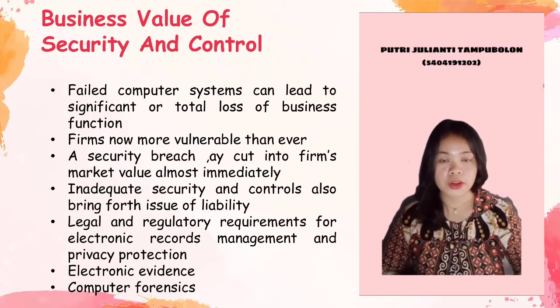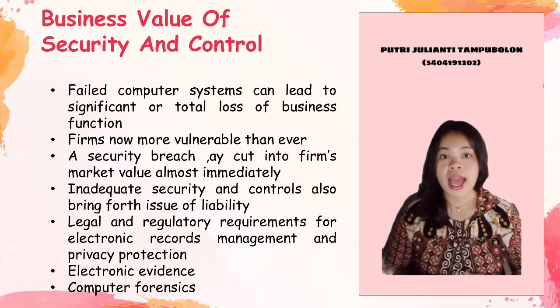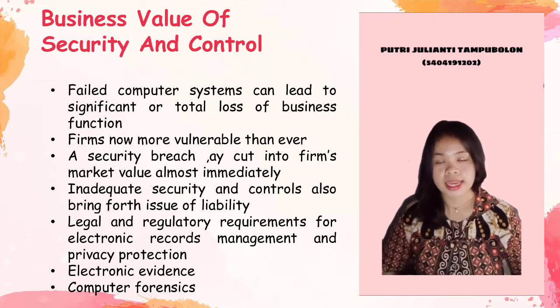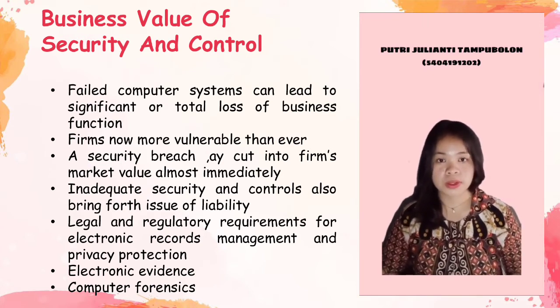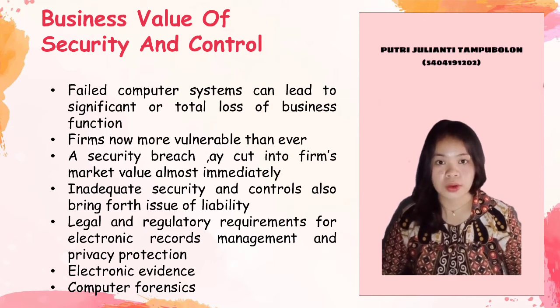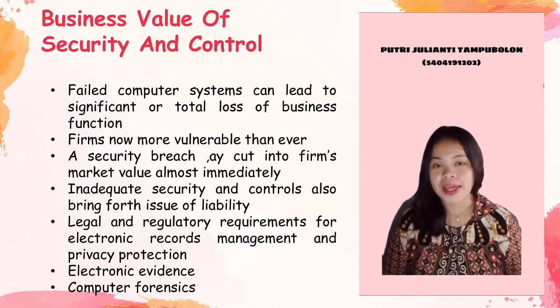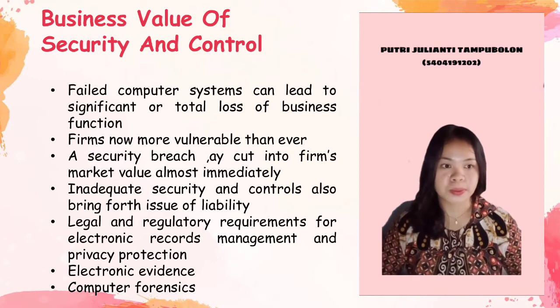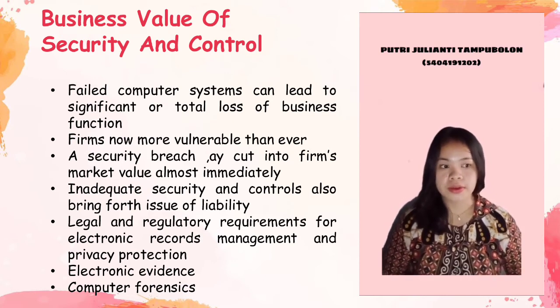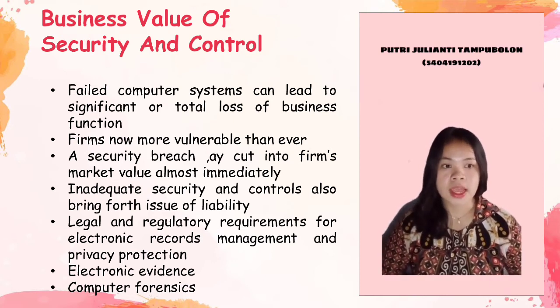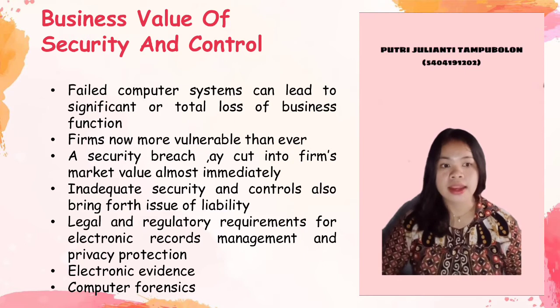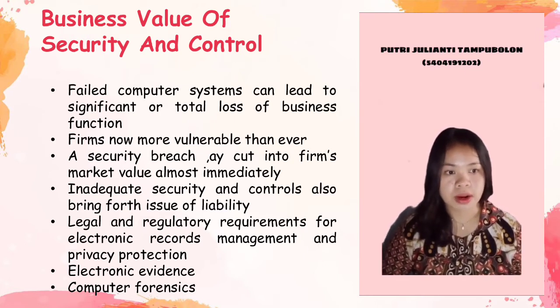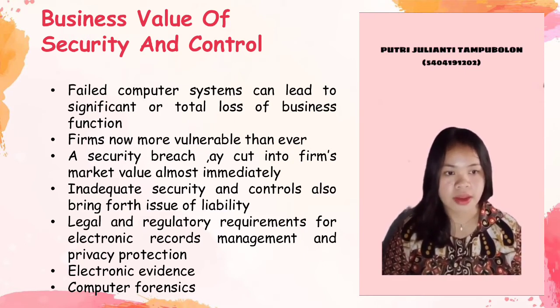Okay, I will continue the presentation from my friend Hajratul Sabila. The next presentation is about the business value of security and control. Here are some parts. The first, a failed computer system can lead to significant or total loss of business function. The second, firms are now more vulnerable than ever.